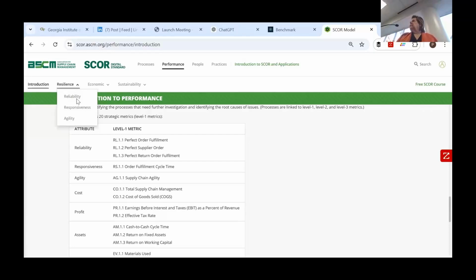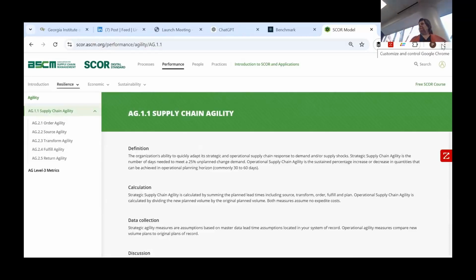How do you measure that, Peter? So you start with the hard one. I was going to go to reliability first, but agility, again, is defined by how fast can I respond to unplanned demand. And I'm paraphrasing from the definition here. There's not a mechanical way of calculating this.